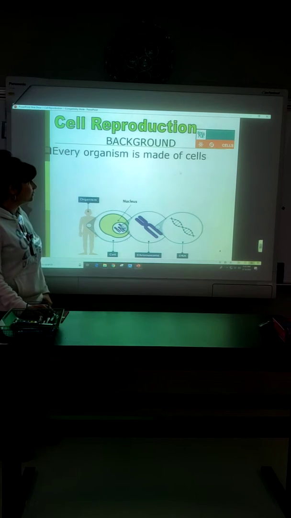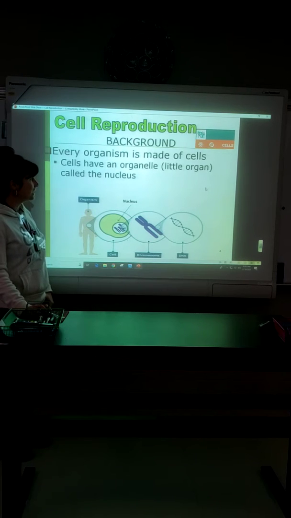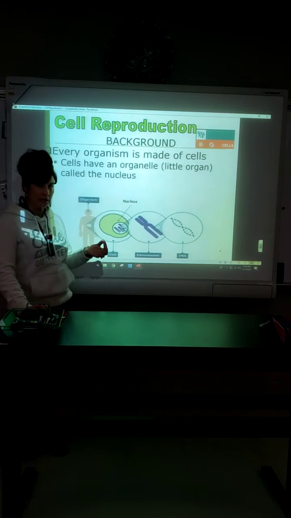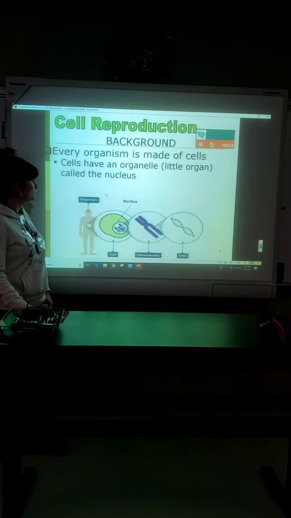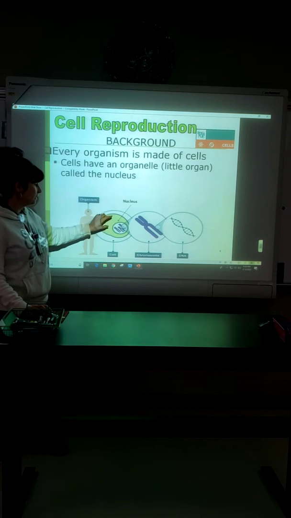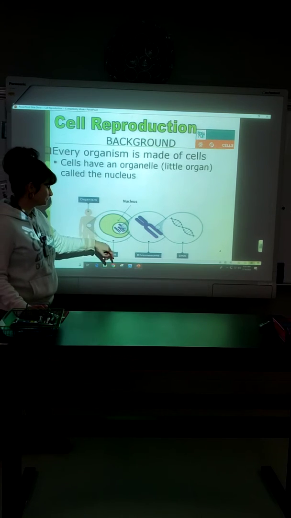Okay, so every organism is made of cells. Cells have organelles, which means little organ, inside the cell. So here's an organism, showing a person, here's a cell, here's the nucleus, and inside the nucleus we have DNA.